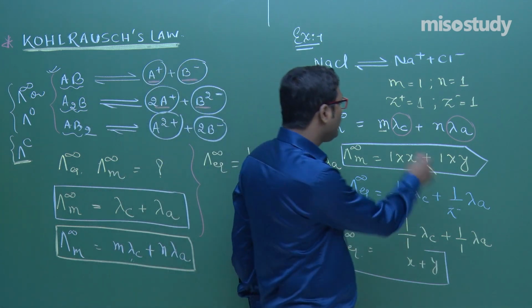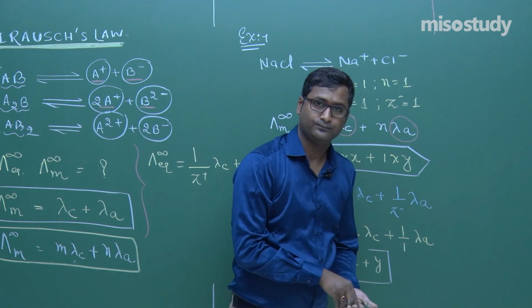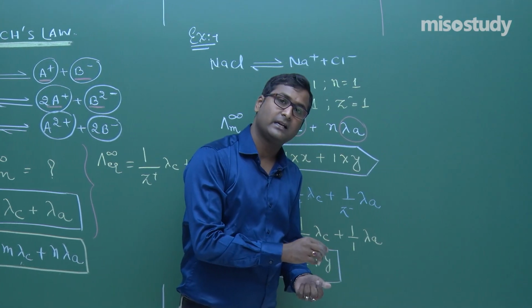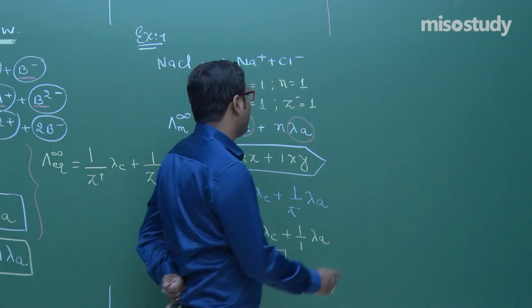Now, if ionic conductivity is not given but mobility is given, then what will happen in this case?